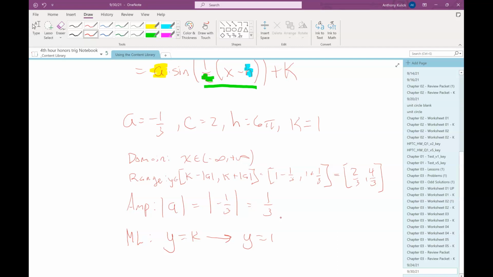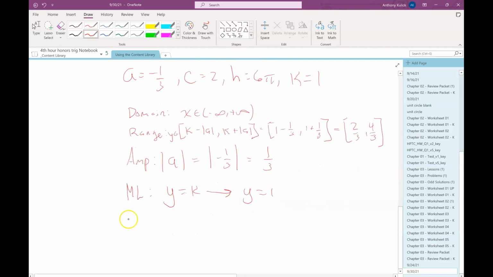I probably would deduct in a course like this, because there is a difference between a line and a number. The amplitude's a number. The midline's an equation for a line. So not a lot, but probably a little. Period. How do I find that? Yeah, 2 pi times the absolute value of c. So just 4 pi.